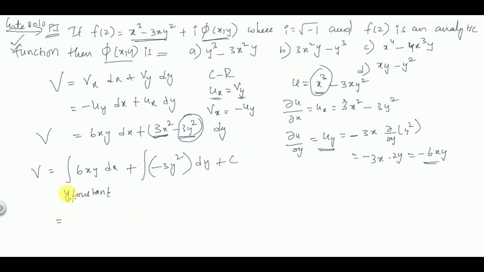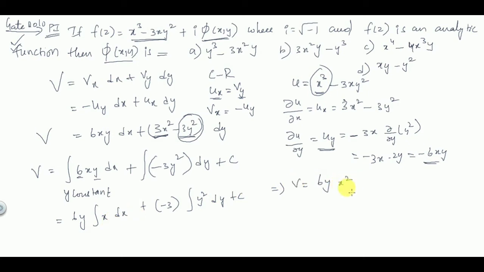When you take y as constant, you can write 6 and y outside the integration, so it becomes 6y x dx, plus minus 3 you can write outside the integration, it will become y square dy, plus c. So it implies v is equal to 6y into integral of x dx.